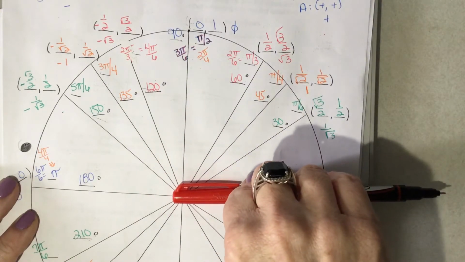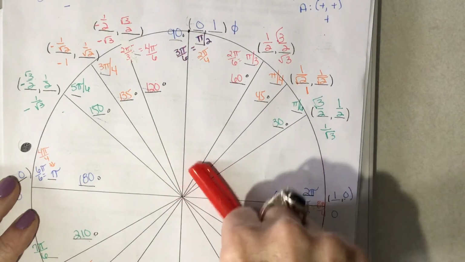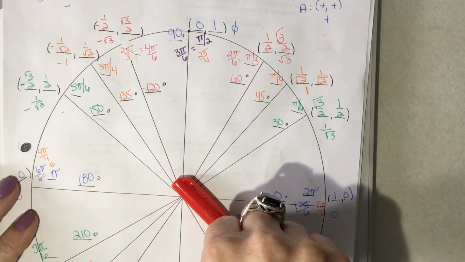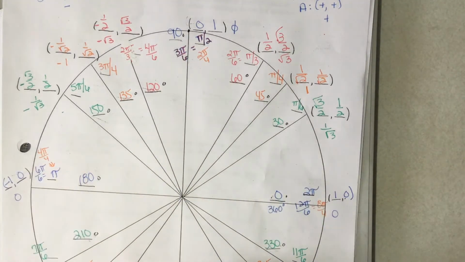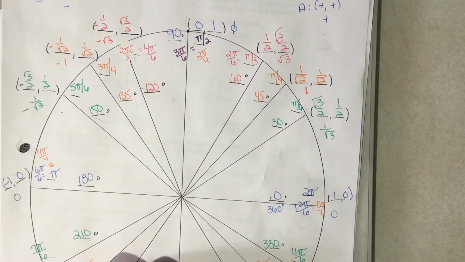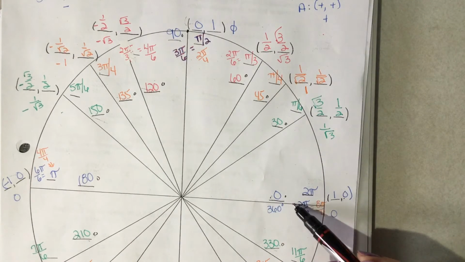Go clockwise. Now, if I go clockwise, though, what kind of angle do I have? A negative angle. So here's my negative 1 over square root of 2. And I know that it can't be 315 because to get to 315, I had to travel all the way around. I'm going to take the shortcut, and I'm just going to go from here down to here.